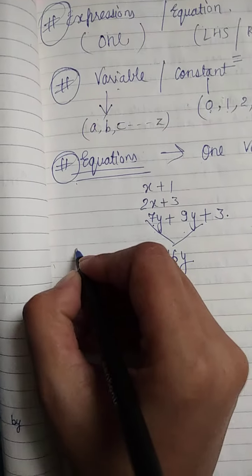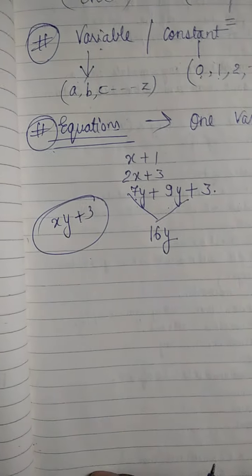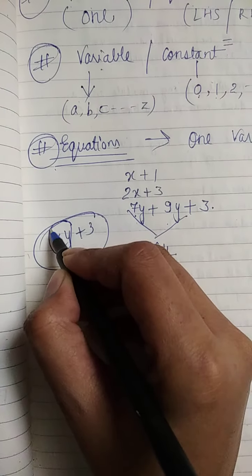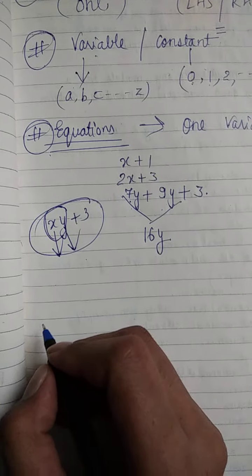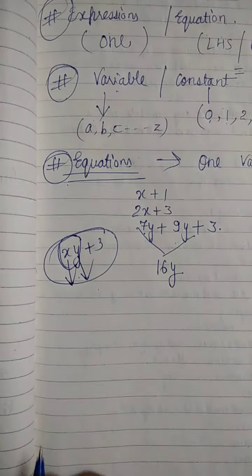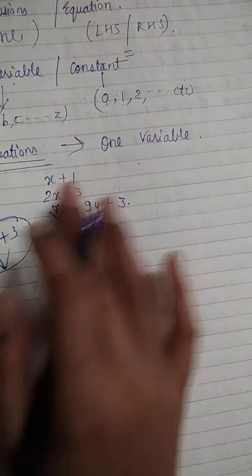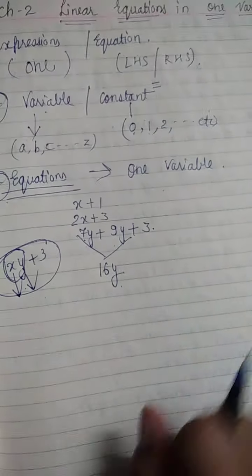Okay. So, 1 minute. May I put xy plus 3y as one variable? No, it will not be called one variable because x is different and y is different. So, this is called two variables. So, this is the one variable. In this chapter, we have one variable kind of linear equation.